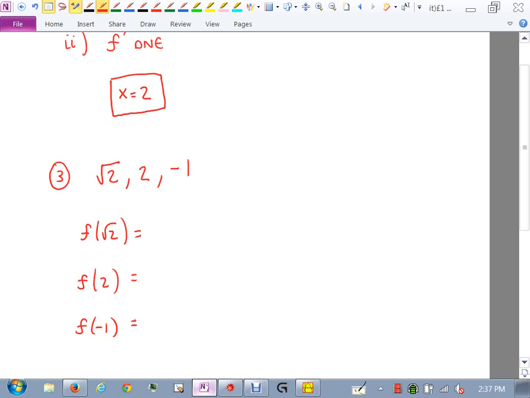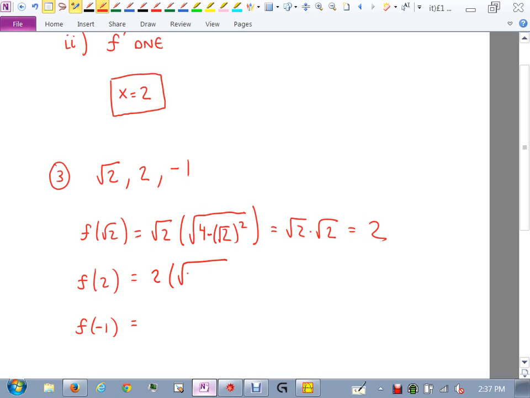In an effort to save some time, let me just do this real quick. This is going to be root 2 times the square root of 4 minus 2, which is root 2 times root 2, which is just 2. When I plug in 2, I get 2 times the square root of 4 minus 2 squared, which is just going to be 4 times 0, which is 0.